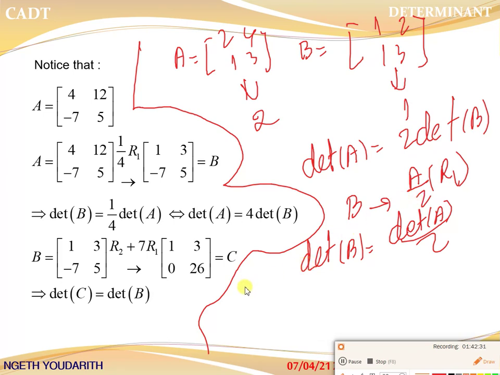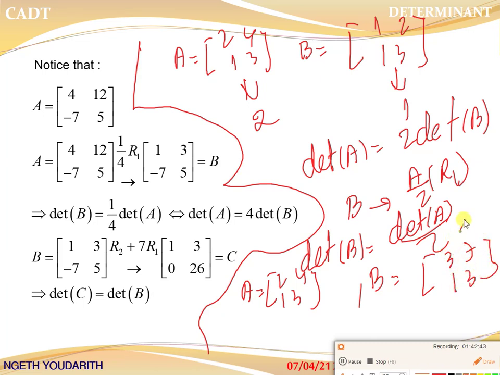If A equals 2, 4, 1, 3, but B is equal to 3, 7, 1, 3, this one is obtained from R1 plus R2. So determinant A is 2, and determinant B is 2 also. So it is equal.